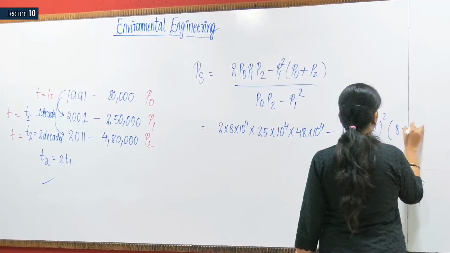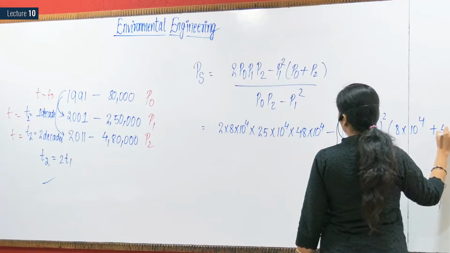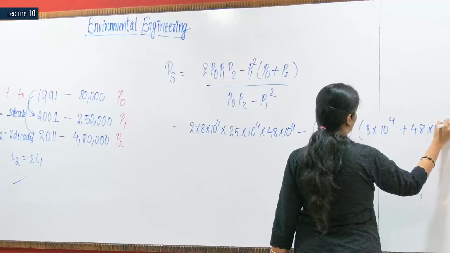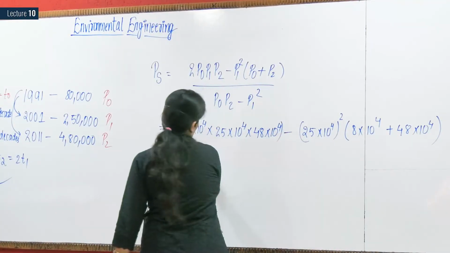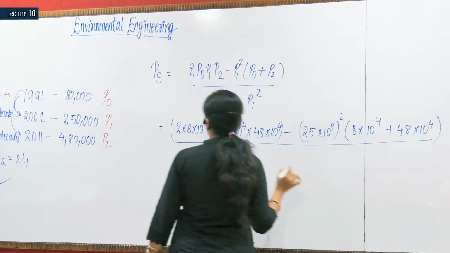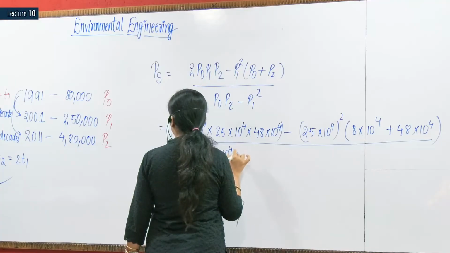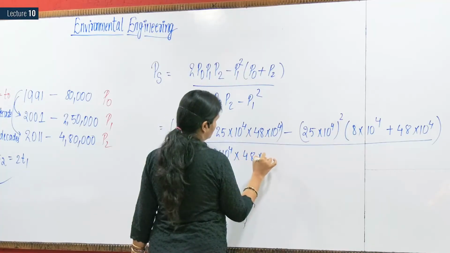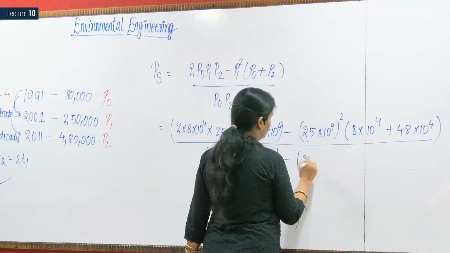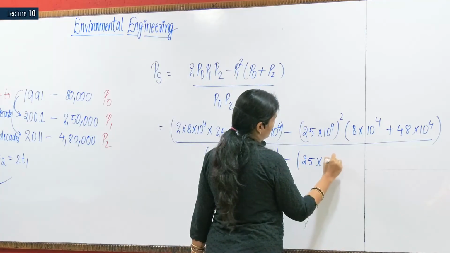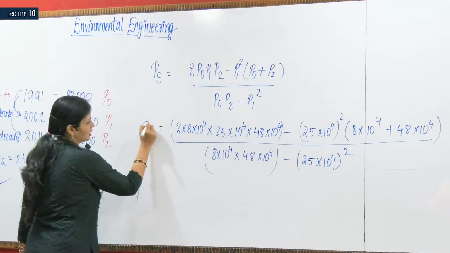P0 is 8 into 10 raised to power 4 plus P2, 48 into 10 raised to power 4. Then P0 P2 minus P1 square: P0 is 8 into 10 raised to power 4, P2 is 48 into 10 raised to power 4, and P1 square is 25 into 10 raised to power 4 square. So you will substitute this.